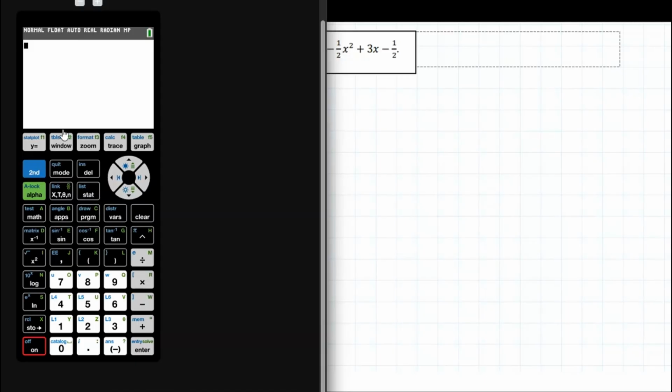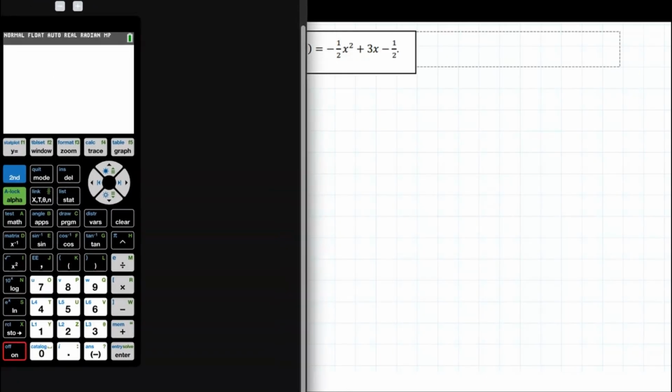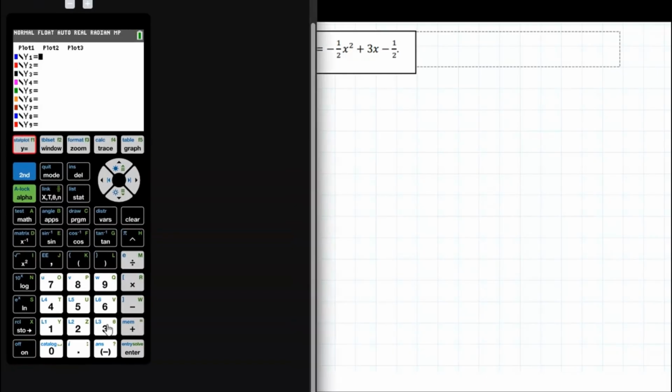Okay, so we have y equal to f of x. Let's enter y equal to, in parentheses, negative 1/2, plus 3x, minus 1/2. We forgot the x squared here, so let's insert x squared and clear this.